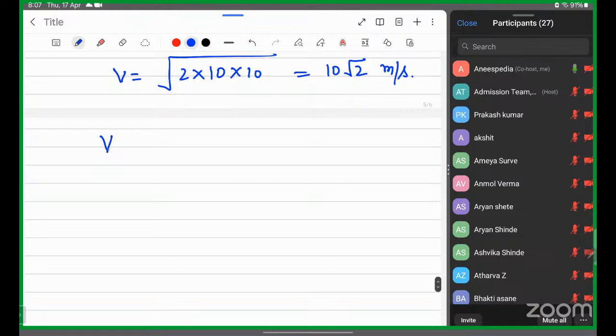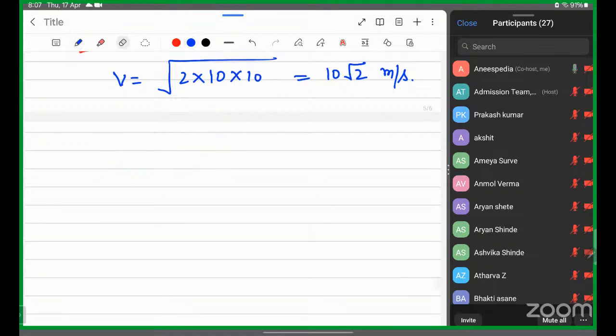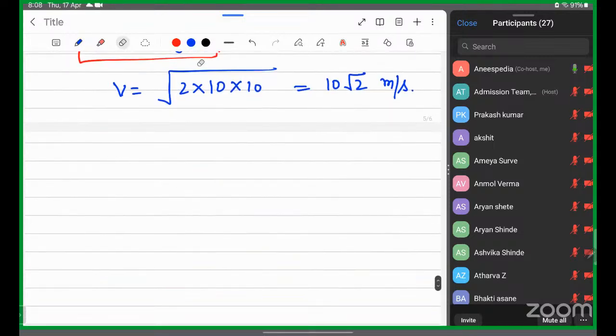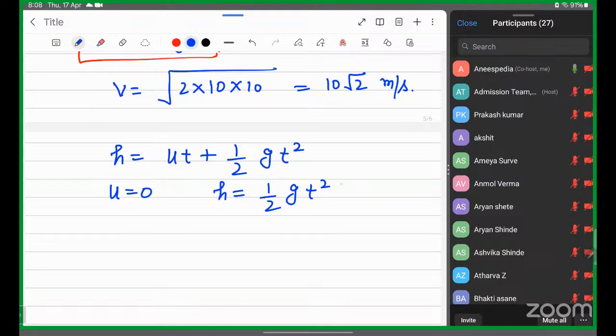If you want to find out the time taken to fall from a height of 10 meter, in that case we can use v equals u plus gt, or since we are given the height, I can use the second equation, that is h equals ut plus half gt square. Initial velocity is 0 because the ball is dropped. So u is 0. In that case, h will be half of gt square.